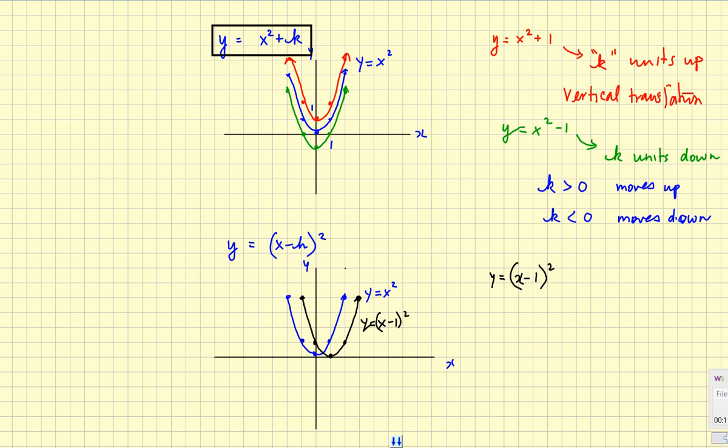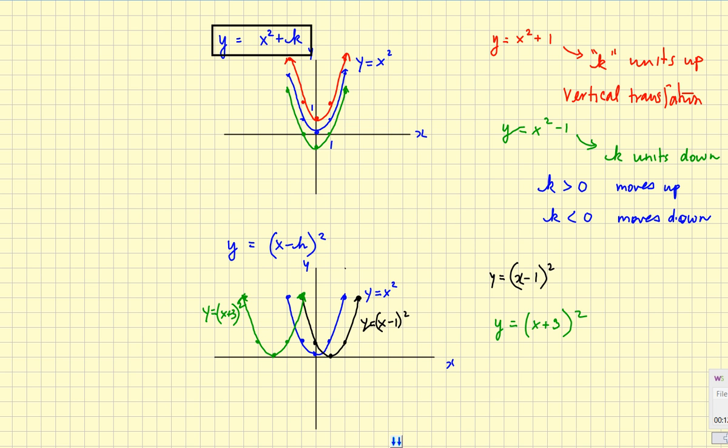And likewise, if I had y equal to x plus 3, for example, all squared, then my original x squared graph would move 3 units to the left. So it's 1, 2, 3, right there. So that would be my y equals x plus 3 all squared.